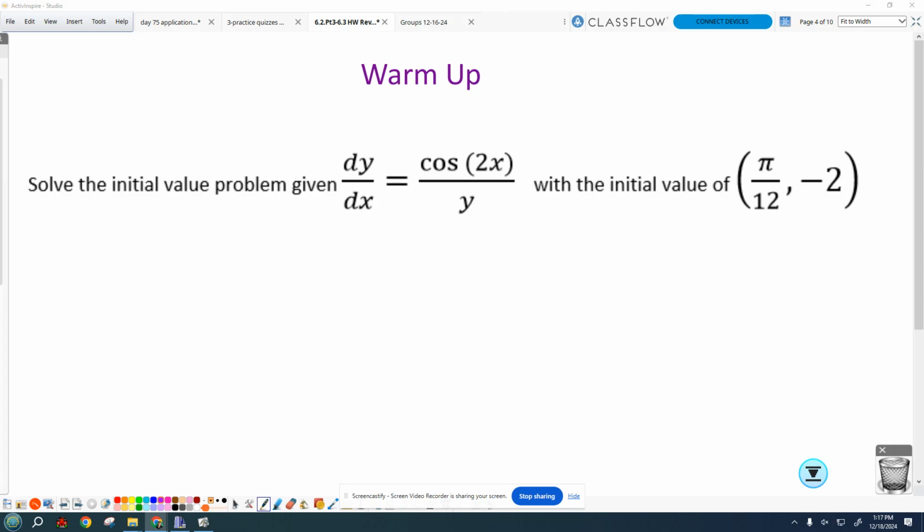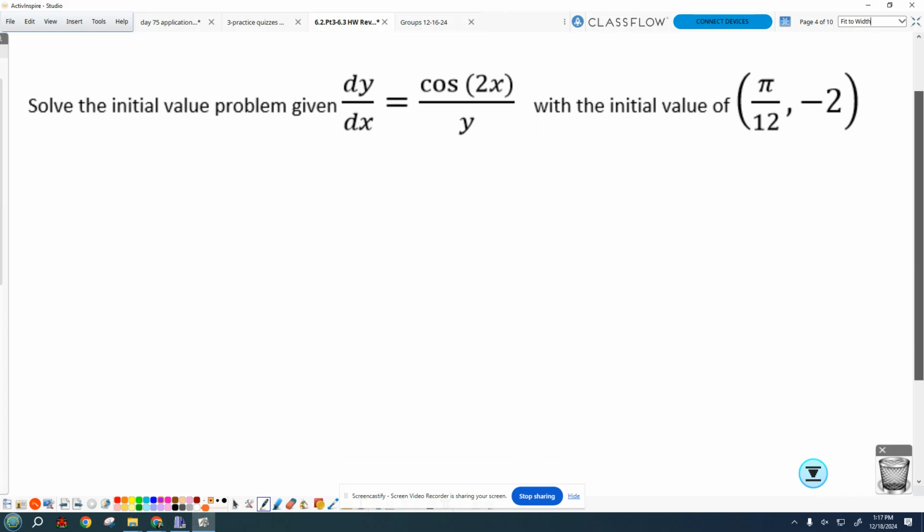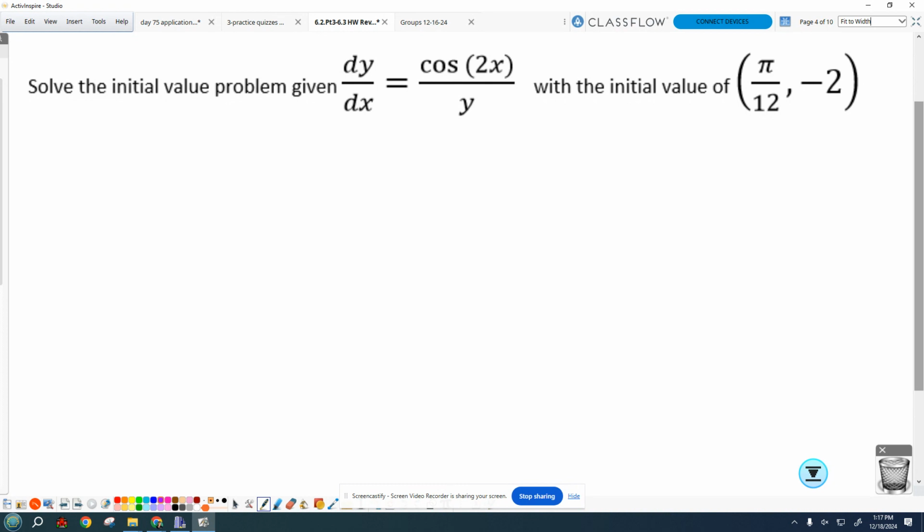Group 3. Why are you squaring -2? Wait, what?